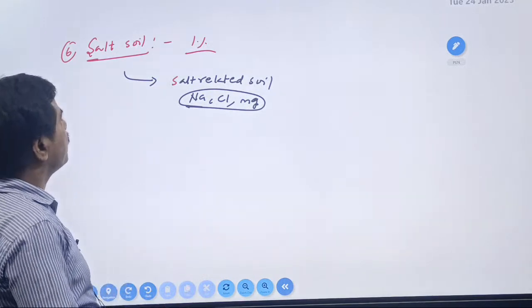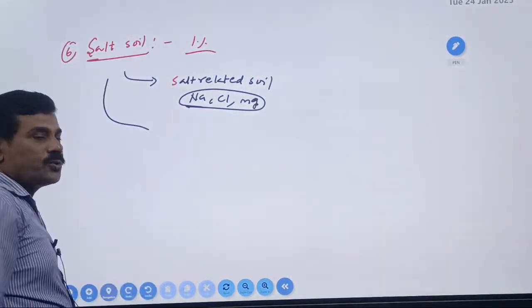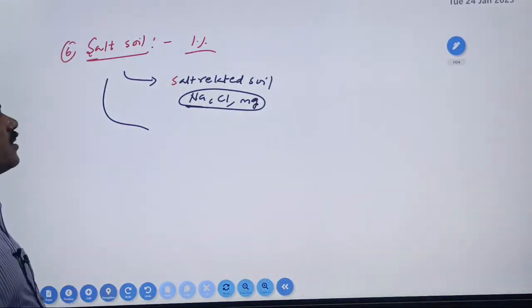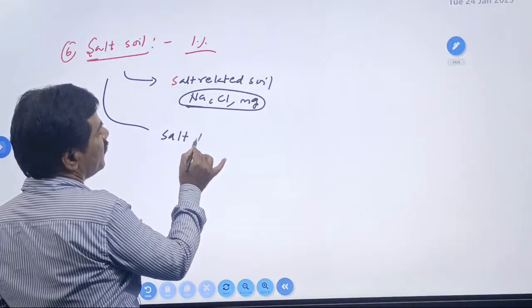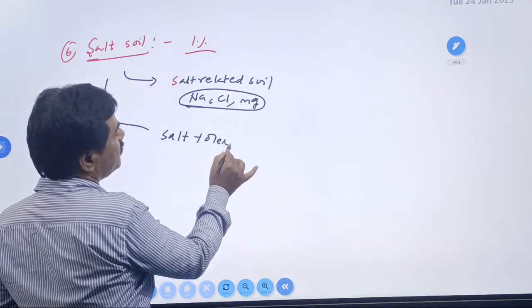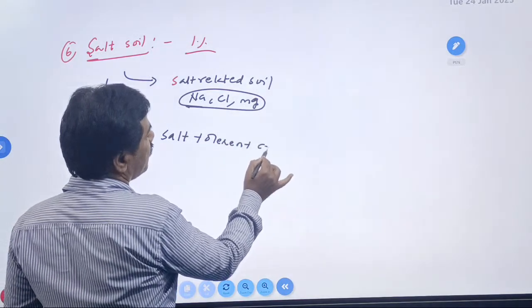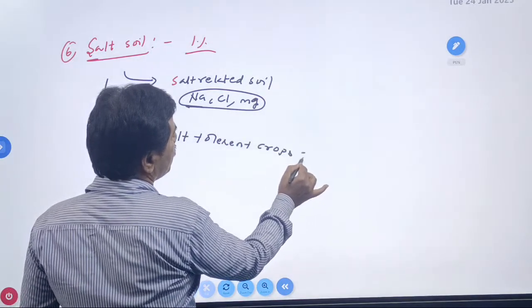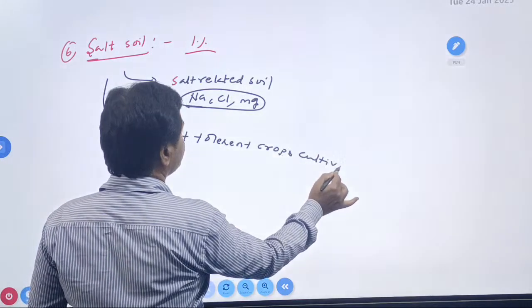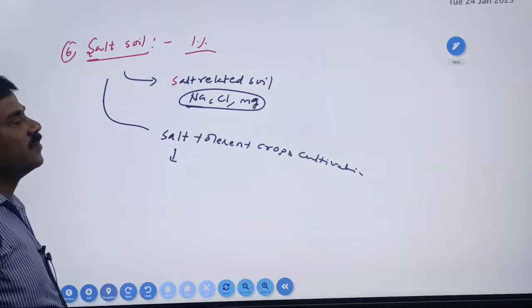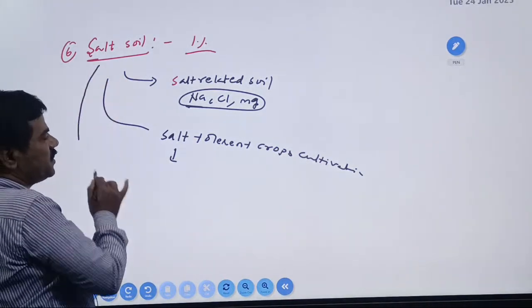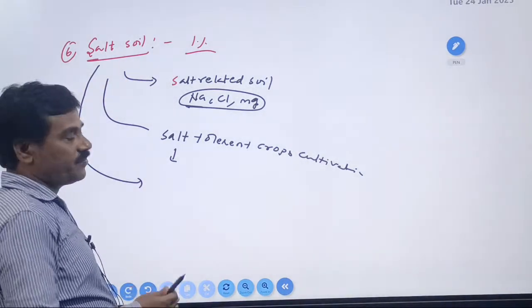Here salt-tolerant crops are cultivated. This type of soil is maximum in India.